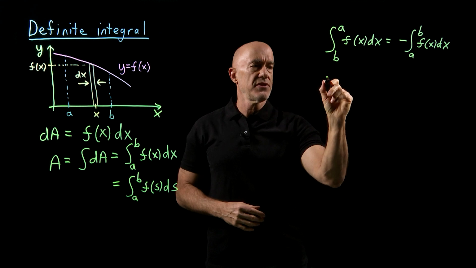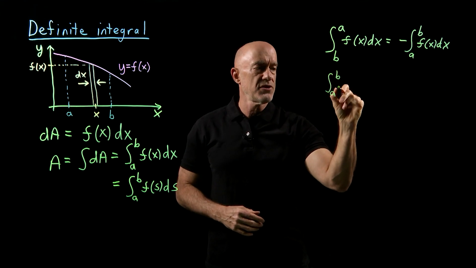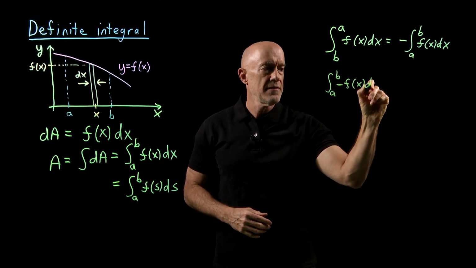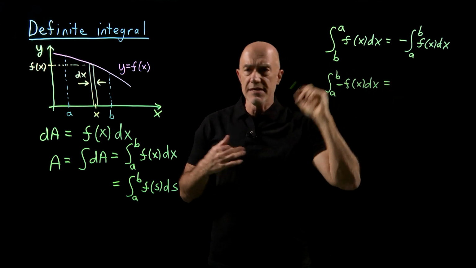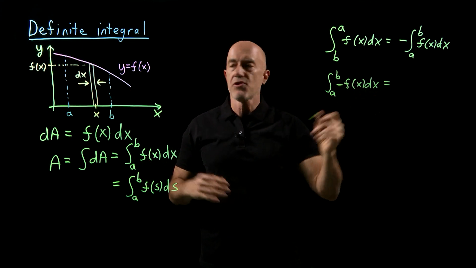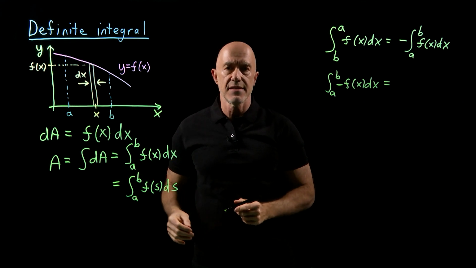The other extension is what happens if we want to integrate a function which is negative. So let's say f is a positive function like this, but we want to integrate it if it's negative, so it's below the x-axis.